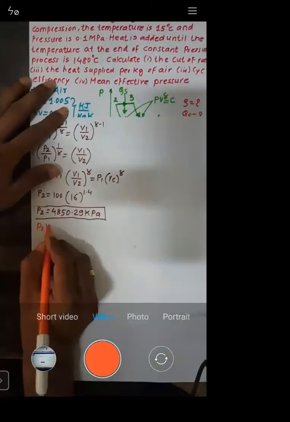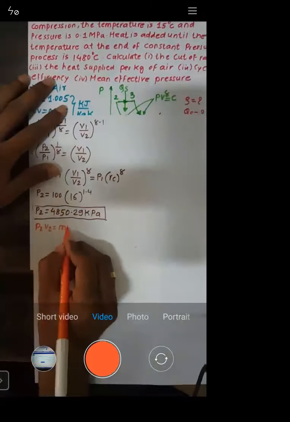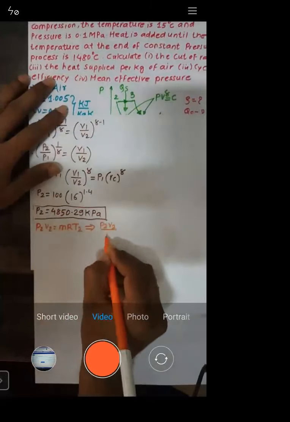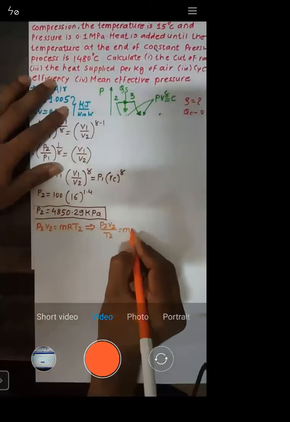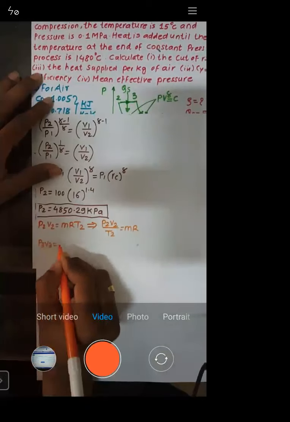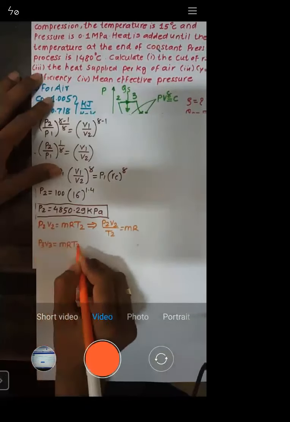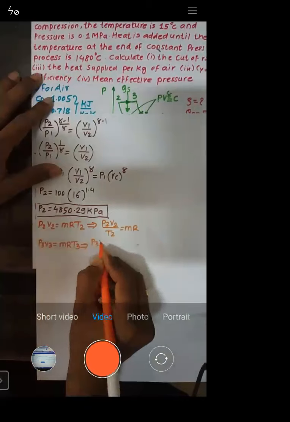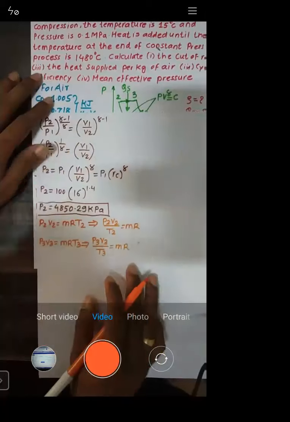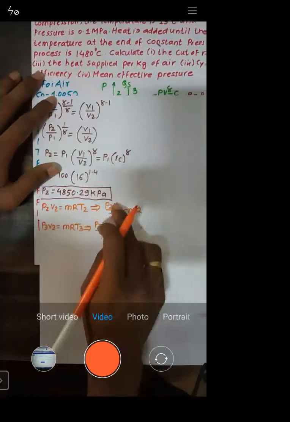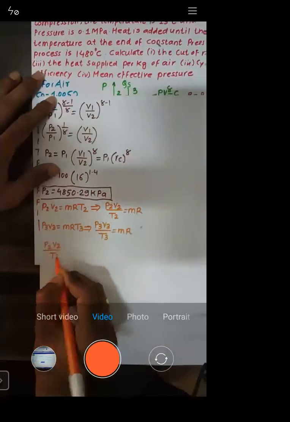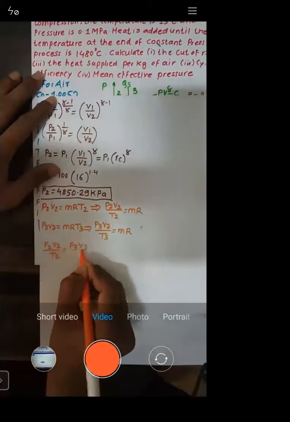P2 V2 is equal to MRT2, so P2 V2 by T2 is equal to MR. Similarly, P3 V3 is equal to MRT3, so P3 V3 by T3 is equal to MR. Comparing the right hand sides, we can equate the left hand sides. So P2 V2 by T2 is equal to P3 V3 by T3.